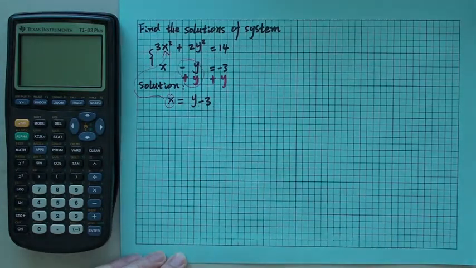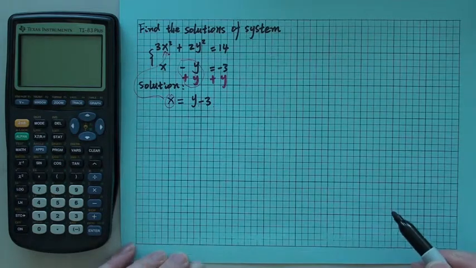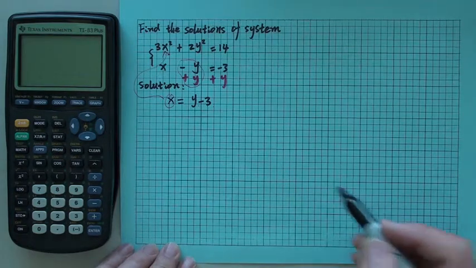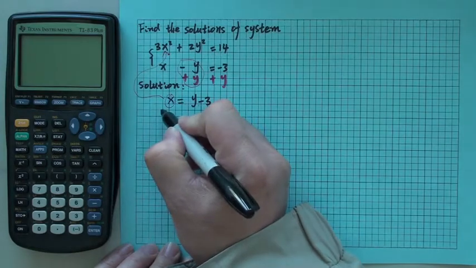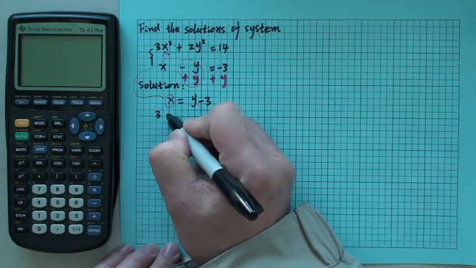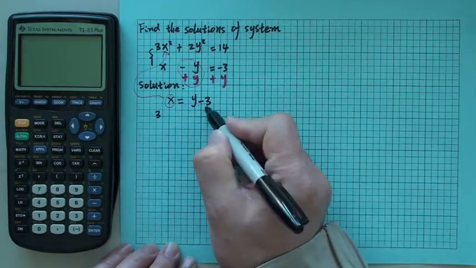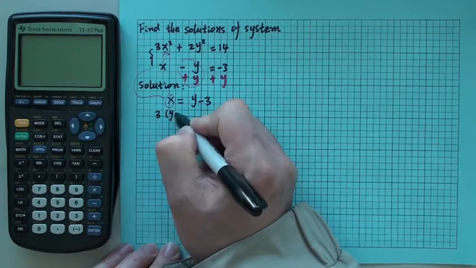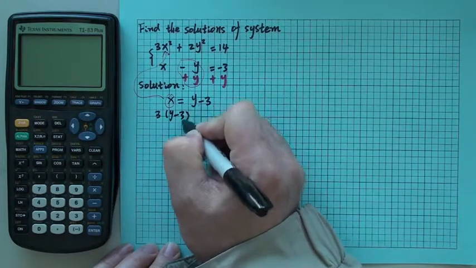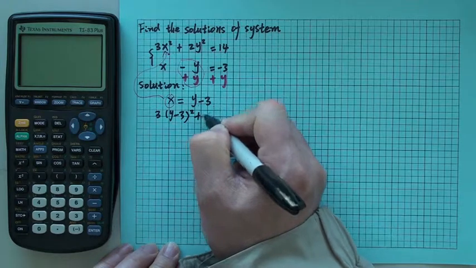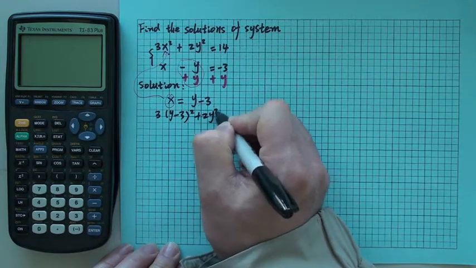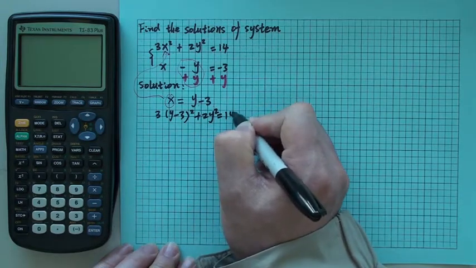Then we can solve for y first. That's the strategy. So then we will have 3 times x, where x is y minus 3 squared, plus 2y squared equals 14.